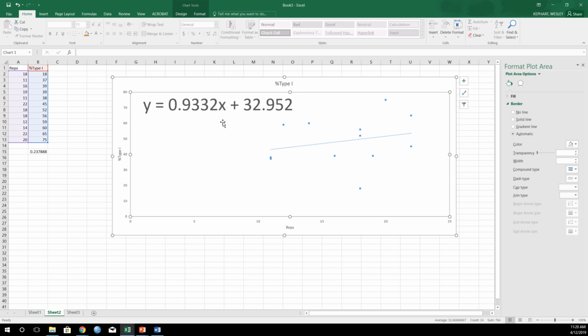Here x is the number of repetitions, and y should give you the percent type 1 fiber, or how much slow twitch fiber they have. Now this isn't super exact, but it should get us in the ballpark.